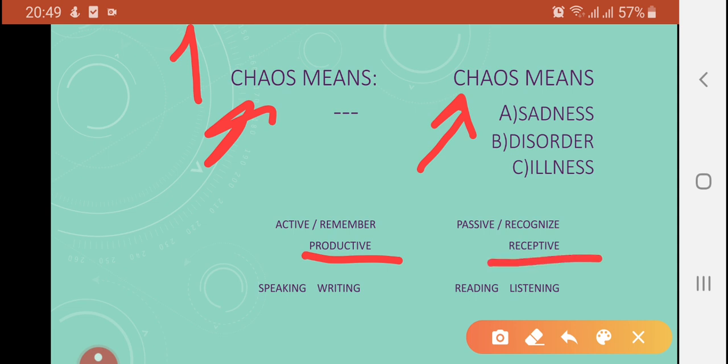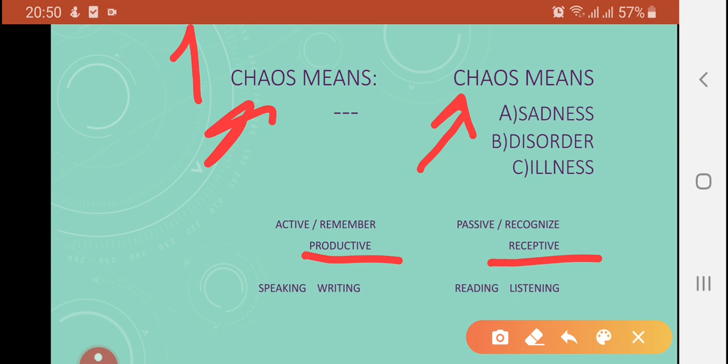And receptive skills, which are used in our passive vocabulary, we are trying to recognize the word when we are doing reading or listening. So, when you are recognizing the words, you don't have to think by yourself. So that is your passive vocabulary. And we don't have enough time to activate our vocabulary, or we don't have enough skills to activate it. In all the languages, people's passive vocabulary is much larger.